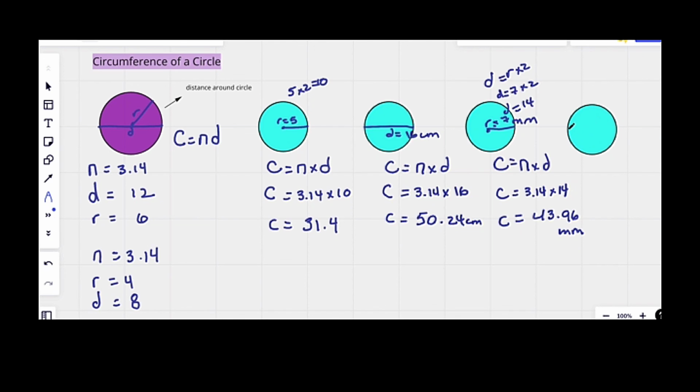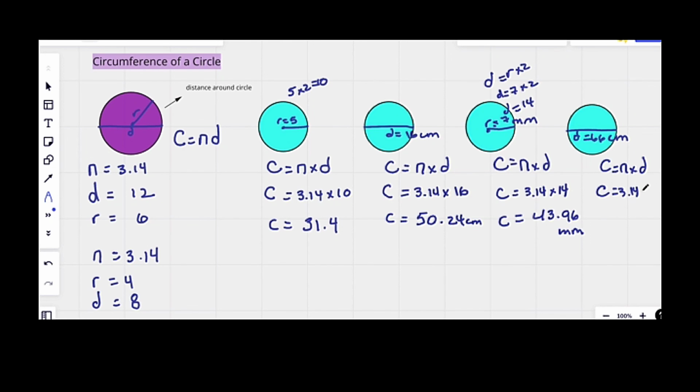Okay, let's do one last one. So what if in this one we are told once again the diameter? And the diameter for this one is 66. So d equals 66 centimeters. Okay, we're trying to calculate circumference. So circumference is C equals pi times diameter. Do we have pi? Yeah, we know pi is 3.14.